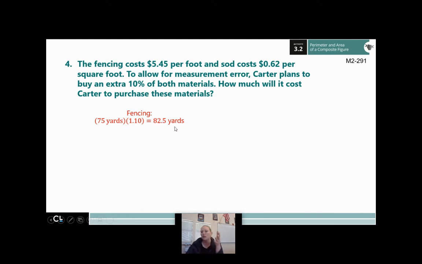Now, at this point, I also realized I had another problem. This is in yards, right? This says yards. But my fencing costs $5.45 per foot. I need to do some conversions. You guys know that there's 3 feet per yard. So I took my 82.5 yards and I multiplied it by that 3 feet per yard to find that I actually have 247.5 feet.